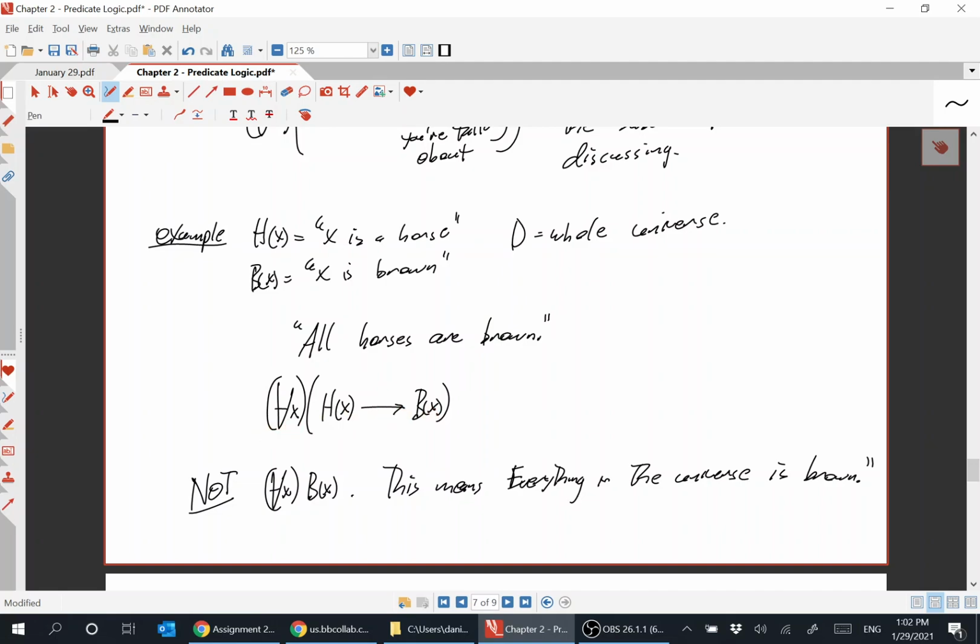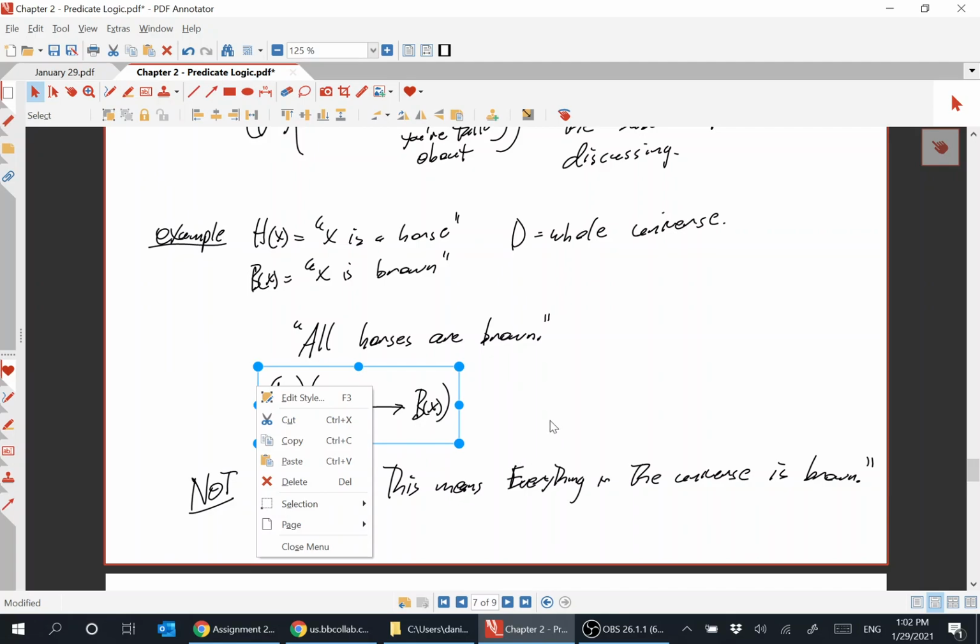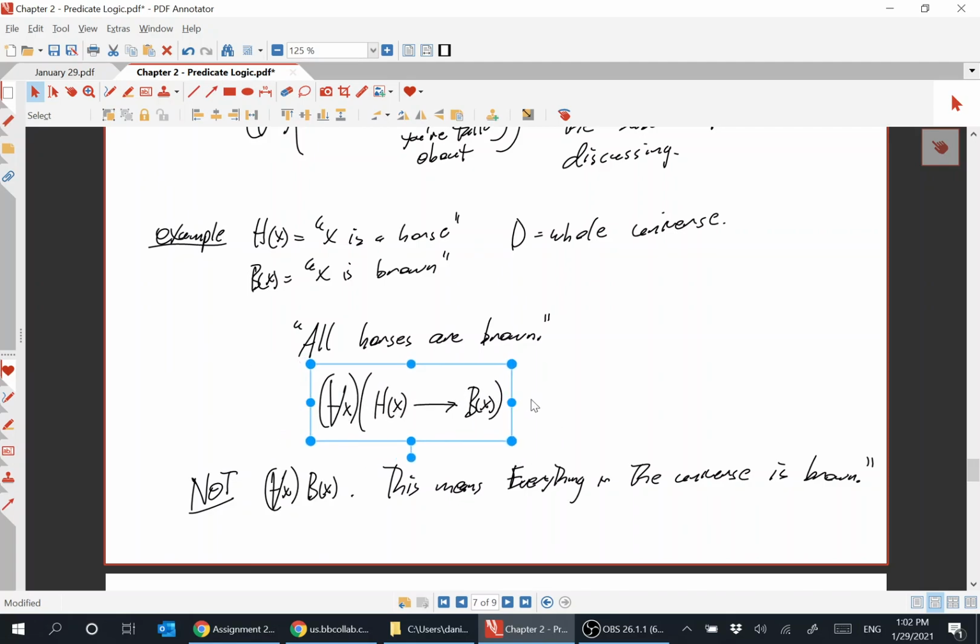So consider the universe that we live in. Is it true that all horses are brown? Certainly not. We've all seen the proverbial horse of a different color. Are all horses brown? No. How do you display the fact that it's false that all horses are brown?